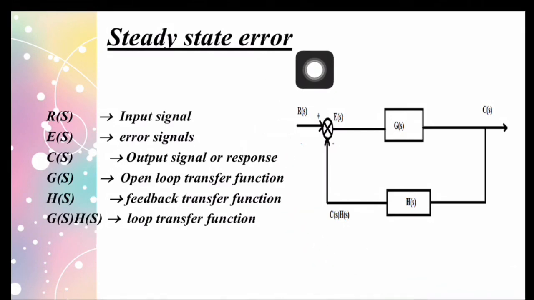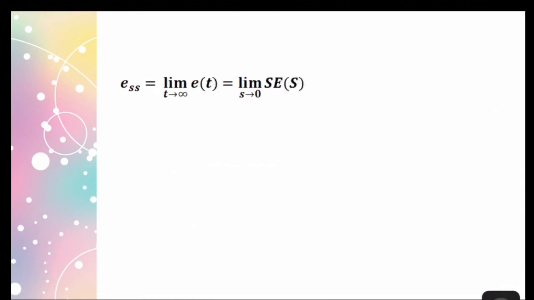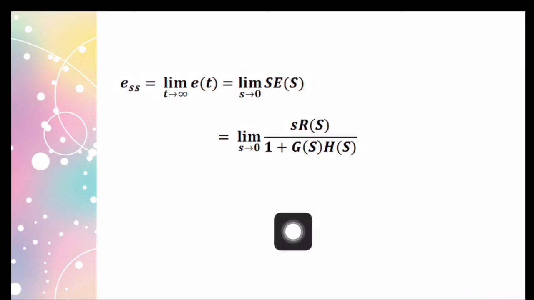By analyzing this block diagram, we get the expression of steady state error ESS is equal to limit t tends to infinity E of t, that is equal to limit s tends to 0 s E of s, that is equal to limit s tends to 0 s into R of s by 1 plus G of s H of s.